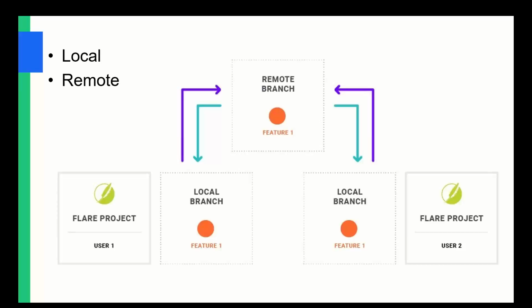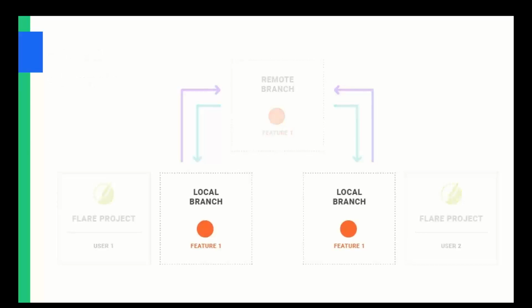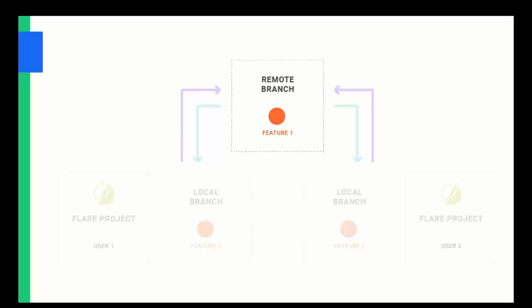Now, remember that with Git, you have a local repository and a remote repository. So this particular graphic shows two different Flare authors who are working in the same branch. So each of those authors has a local version of that branch, and there's also a remote version of that branch. Let's say these authors are working on a feature branch.